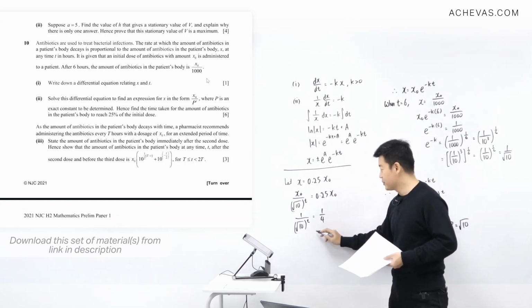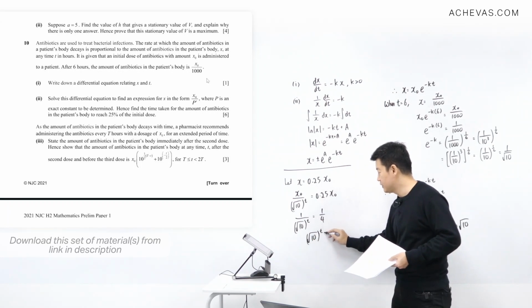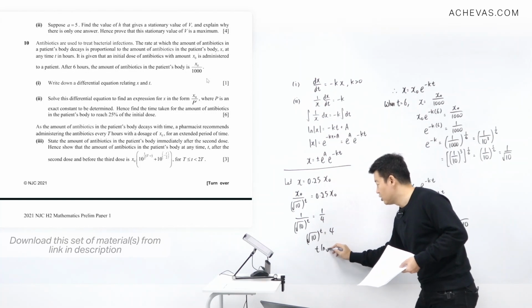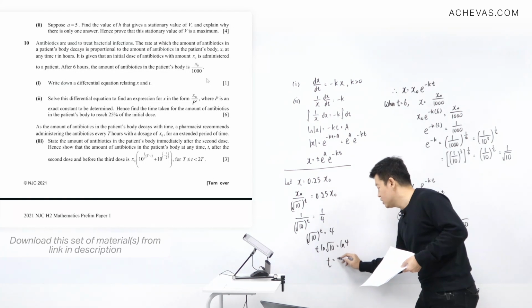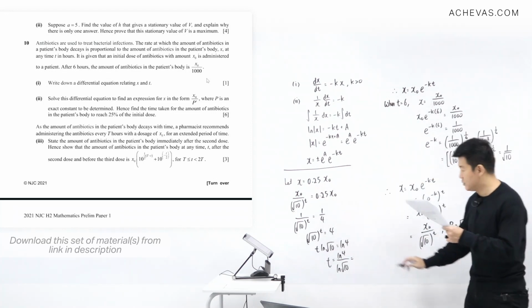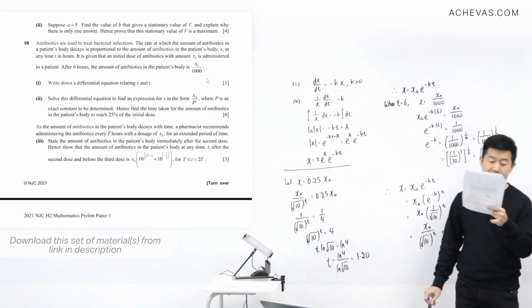So if I were to just cross multiply, we have square root of 10 to the power of t equal to 4. Taking ln of both sides gives me t ln square root of 10 is equal to ln 4. So t is going to be equal to ln 4 divided by ln square root of 10. And pressing this into the calculator gives me t as 1.20 hours. Okay, this is part 2.